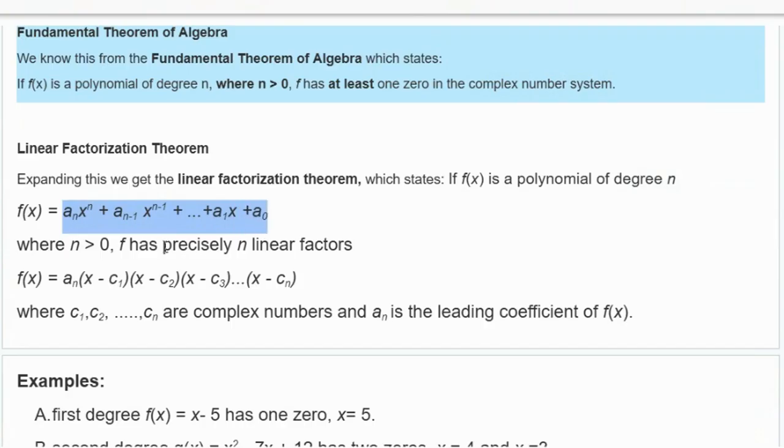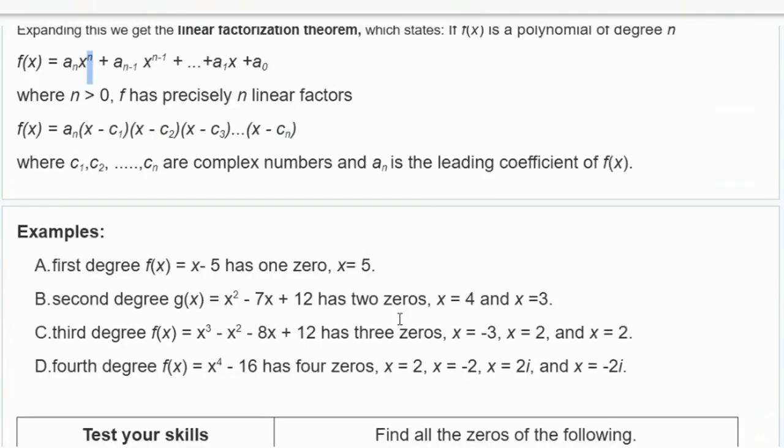It will have precisely n linear factors, which means you could factor it to x minus something, x minus something, down to n number of factors. If it's x to the fifth, you'd have 5 different factors, which means it would have 5 zeros.